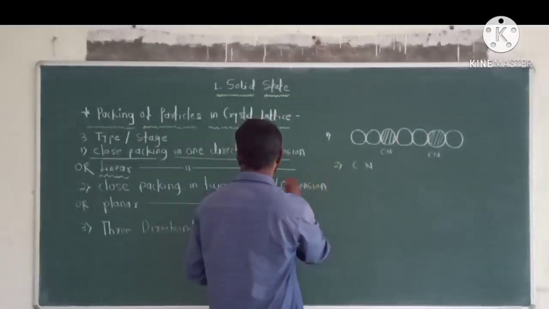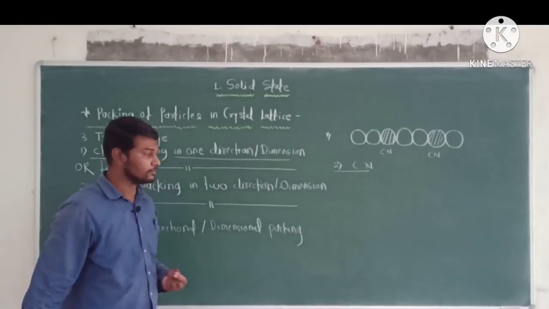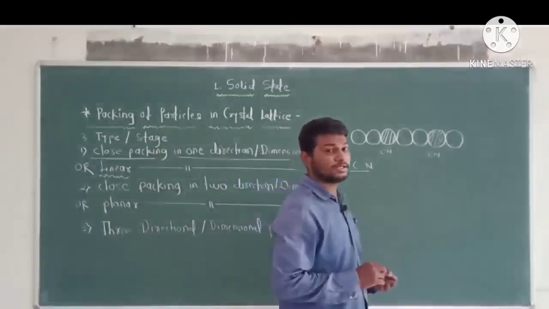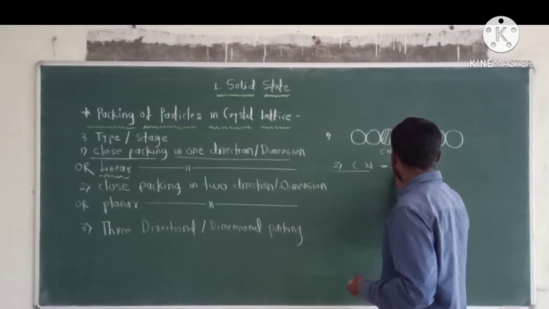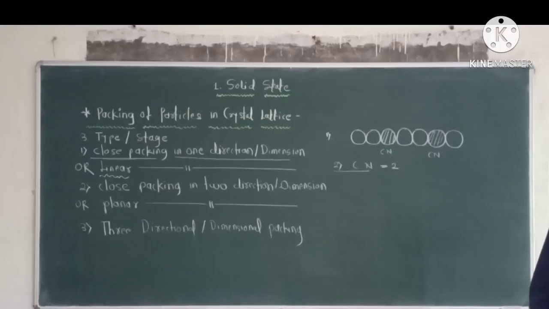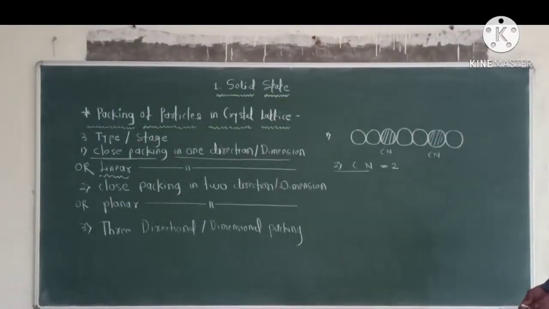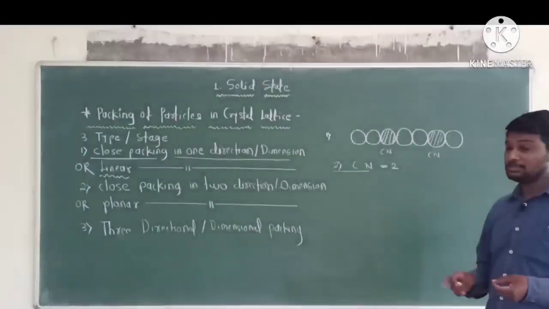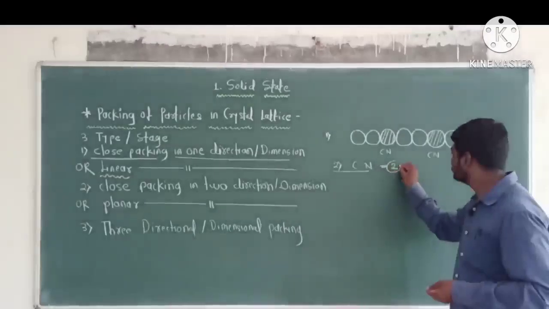Okay. Now second point of this, coordination number. In this packing, each constituent particle has a coordination number of 2, because each constituent particle is in contact with two other constituent particles. Therefore, the coordination number of each constituent particle in this type is 2.